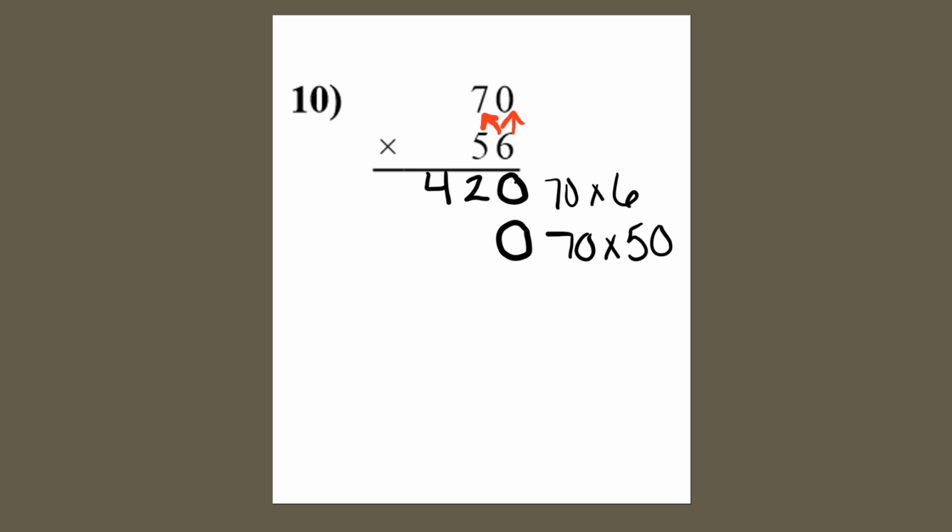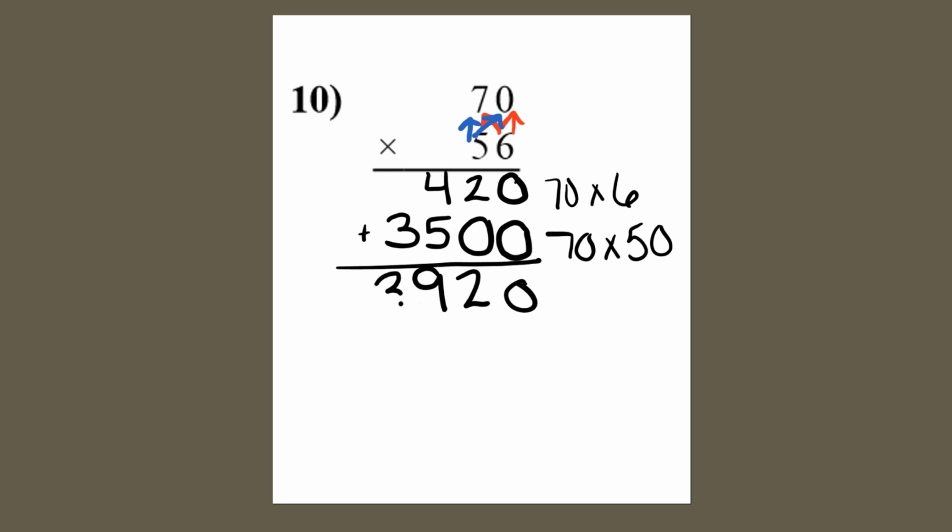Now I can do my 5 times 0 is 0, and then 5 times 7 is 35. Now that I have my two partial products, I'll add these two numbers together to get my final answer of 3,920.